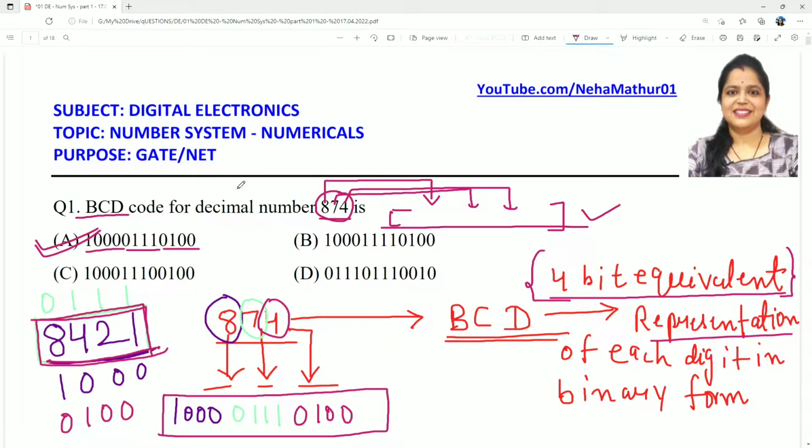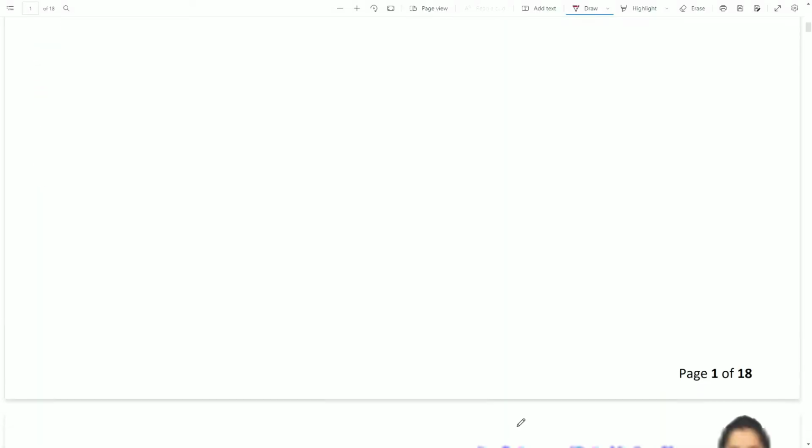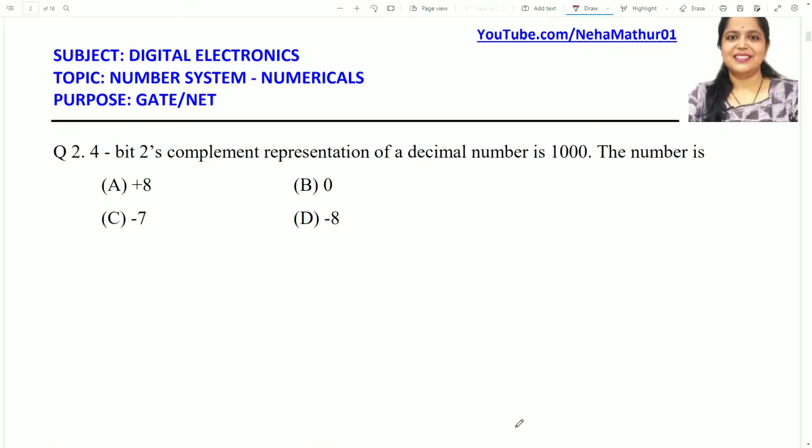Fine. So now come to the next question: the 4-bit 2's complement representation of a decimal number is 1000, and you need to find that particular number for which the 2's complement is 1000.